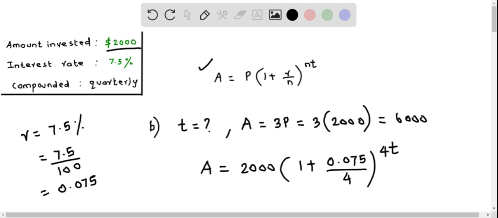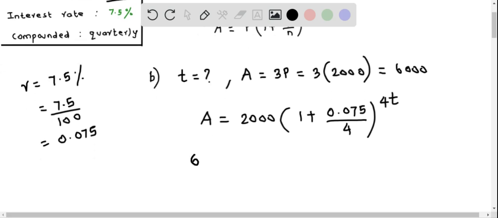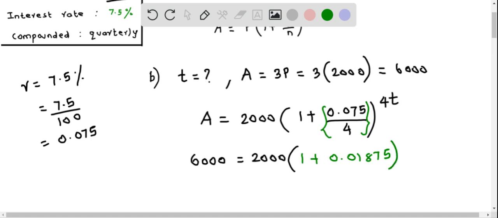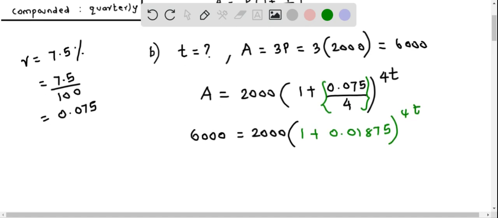Now let's put A equal to 6000. So I replace A by 6000, and this equals 2000 times, we will simplify this quantity, that is 0.075 divided by 4 equals 0.01875. So I put 1 plus 0.01875, and this is raised to the power of 4t. Now I can divide both sides by 2000.